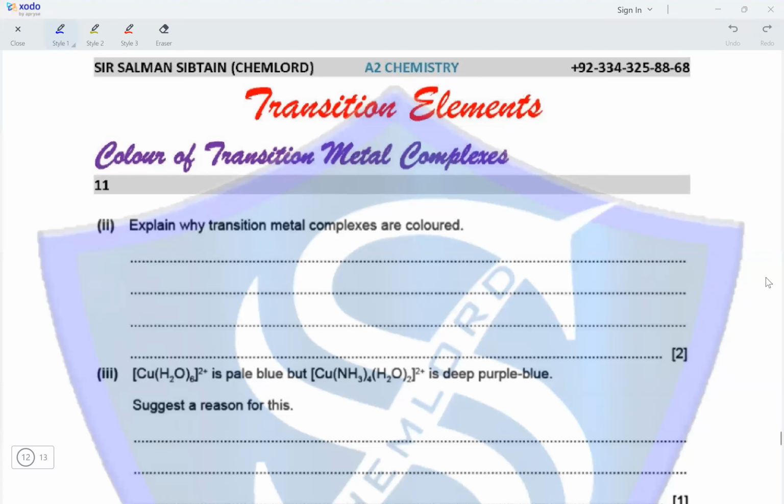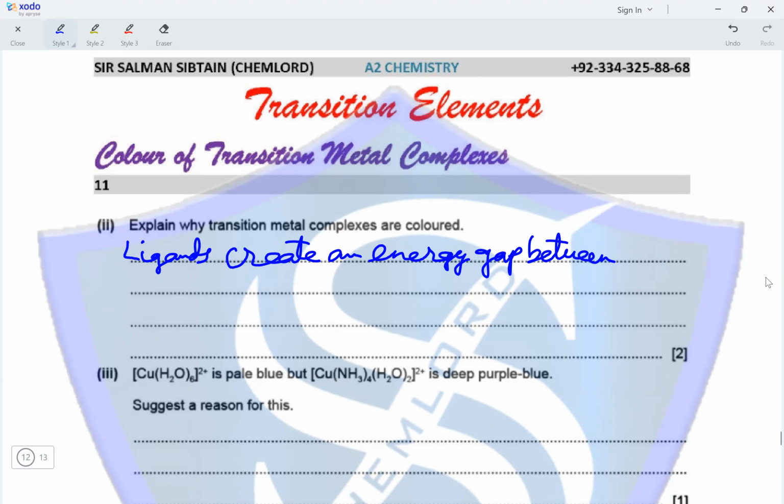Question 11. Explain why transition metal complexes are colored. Ligands create an energy gap between the two sets of d orbitals.